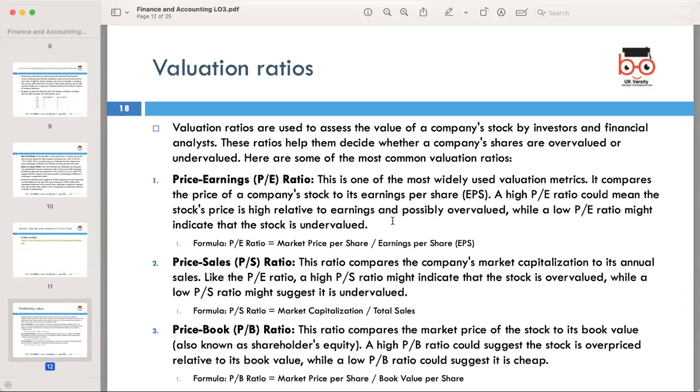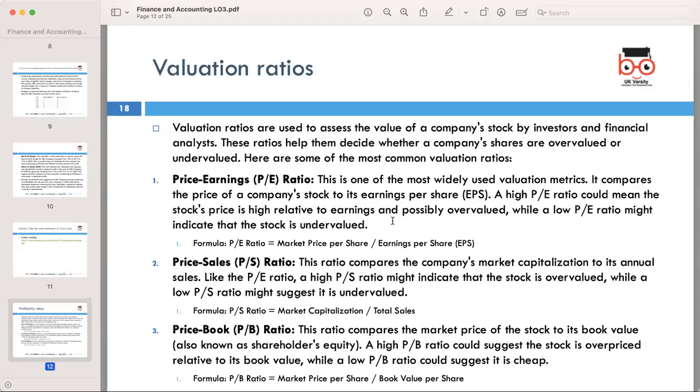The first one is the price earnings ratio. This ratio compares the price of a company's stock to its earnings per share. It is widely used and quite popular. A higher price earnings ratio suggests that the stock price is relatively high compared to its earnings, which could mean it is overvalued.